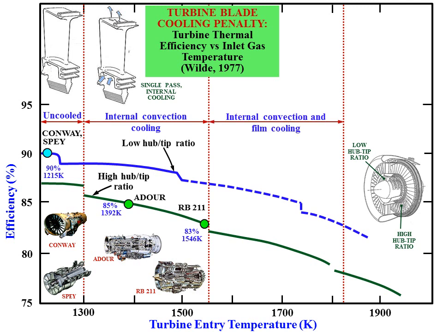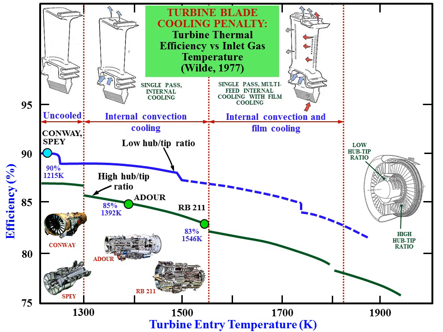The third type of blade we call internal convection and film cooling. This type of blade uses two different cooling processes: first, internal convection, and the second one is the film cooling process. So we have a lot of holes on the surface of the blade, and also an internal passage within the blade.